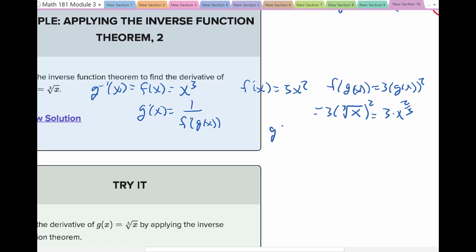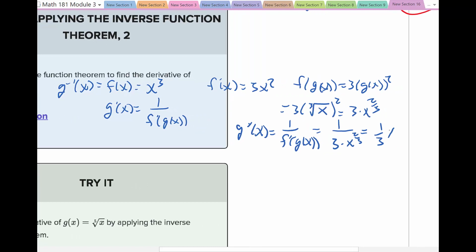So our g prime of x is 1 over f prime of g of x. We just found f prime of g of x. So that's 1 over 3 times x to the 2/3. And we can write that as 1/3 of x to the negative 2/3.